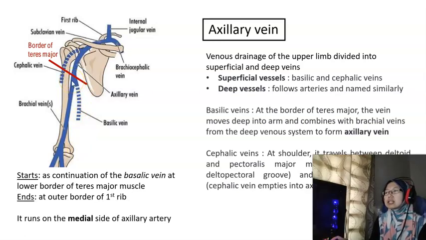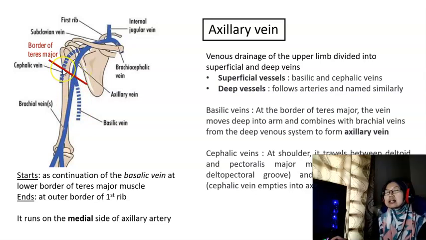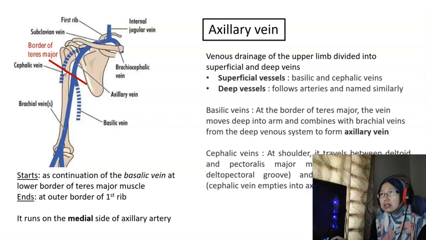The brachial vein is the deep vessel. They combine at the level of the border of teres major. So the superficial basilic vein combines with the deep brachial vein near teres major to become the axillary vein.